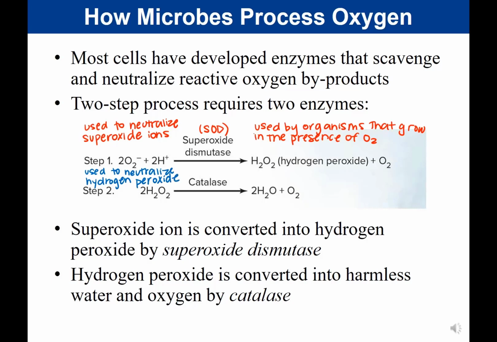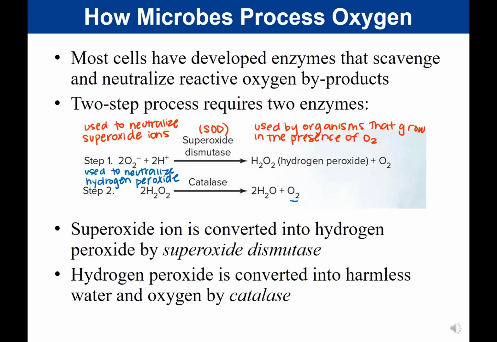So catalase is an enzyme that's used to neutralize hydrogen peroxide. It's going to take that hydrogen peroxide and neutralize it, and the products are going to be water and O2 gas. So notice that in this case, we form more O2 gas.